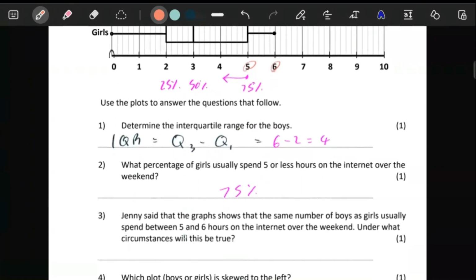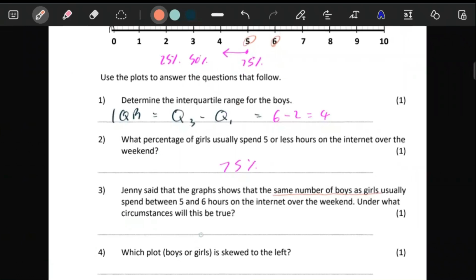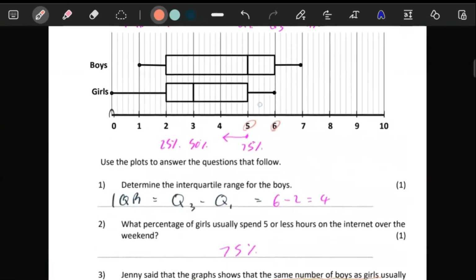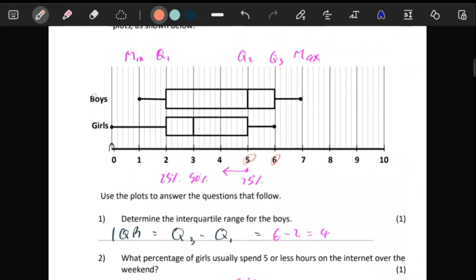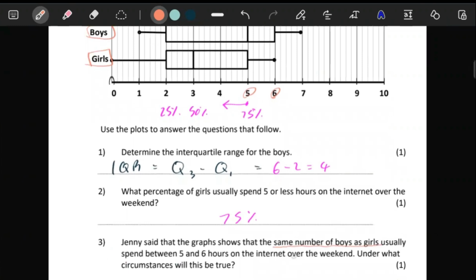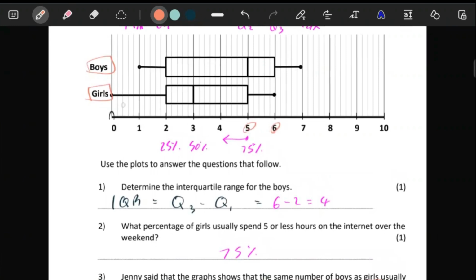But then here they're talking about the actual number of boys and girls. So the answer here is the only way that you will have the same number of boys and the same number of girls is if you have the exact same total for the boys and the exact same total for the girls. Because remember, 25% of a certain number is not 25% of another number if those numbers are different. So the only way that you can have the same boys as girls between 5 and 6 hours is if the total number of boys and the total number of girls is the same.